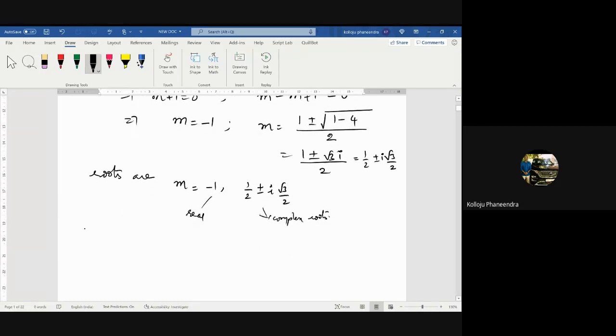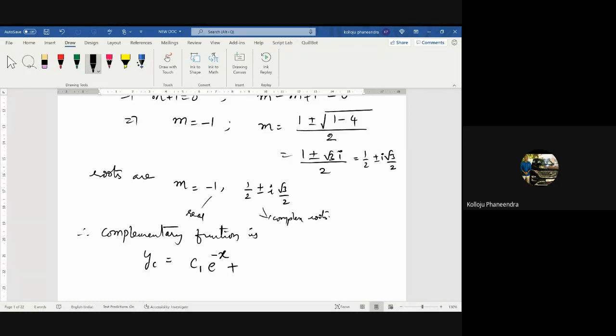Then the complementary function: after getting the roots, I have to write the complementary function, denoted by yc or C.F. For the real root I have to write C1 e^(−x), since m1 is −1. Coming to the complex roots, the real part is 1/2 and the imaginary part is √3/2. So I write e^(ax), that is e^(x/2), times (C2 cos(√3/2 x) + C3 sin(√3/2 x)).